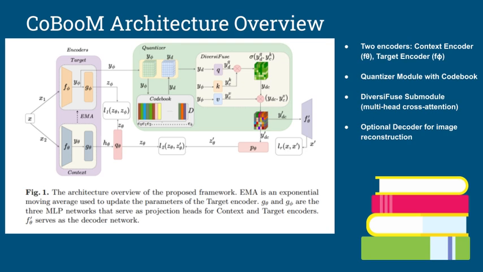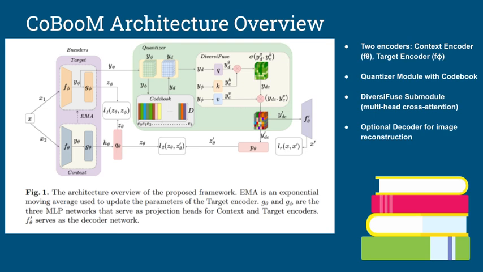Two encoders: f theta, the context encoder, and f phi, the target encoder. These two encoders lie at the foundation of CoBooM's design. They follow a momentum contrastive learning paradigm inspired by frameworks like MoCo. The context encoder f theta processes one augmented view of a medical image.